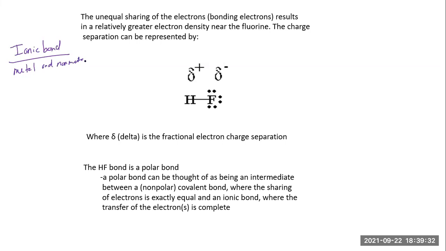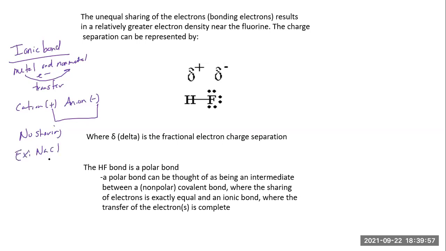Always in this situation, the metal is going to completely transfer electrons. The result of that, as we talked about, is a cation that's positively charged and an anion that's negatively charged. Again, no sharing of electrons here, but it's that positive negative attraction that holds it together. An example would be something like sodium chloride, which is a metal and non-metal together.